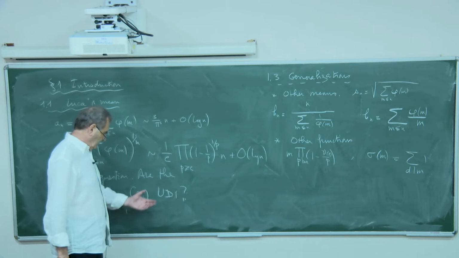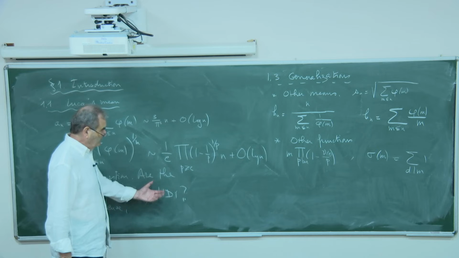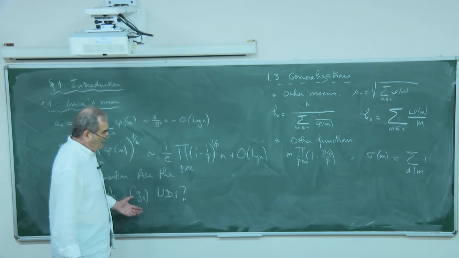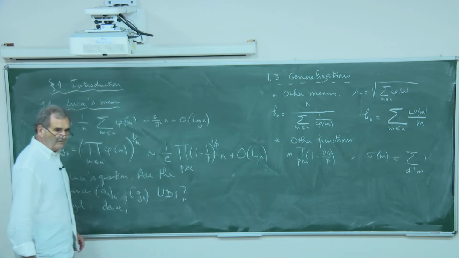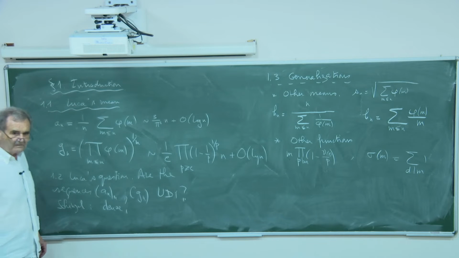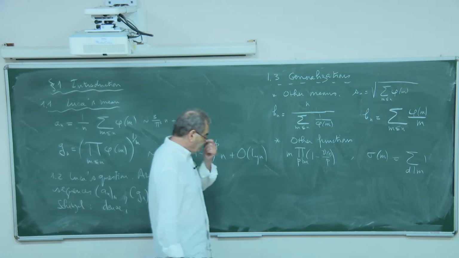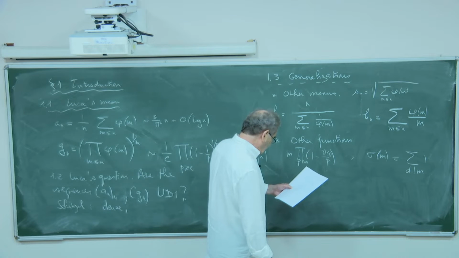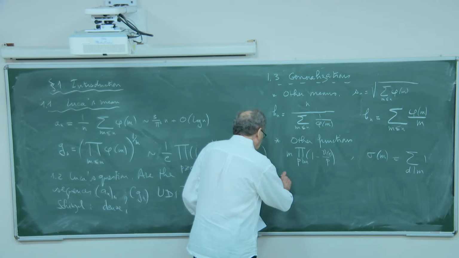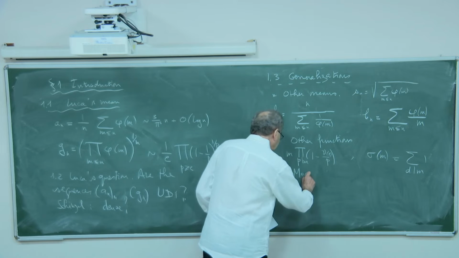I will give you some examples, but when it is not uniformly distributed, we may have some idea, but when it is not dense, we have really no idea. It is difficult to find something which is not dense. So, other functions, and also means over subsequences.